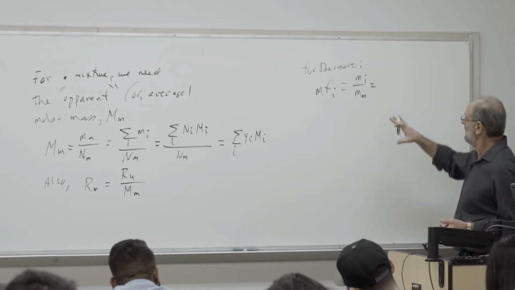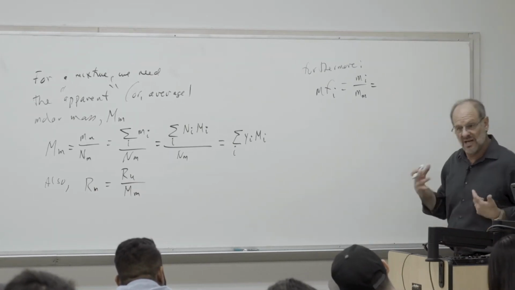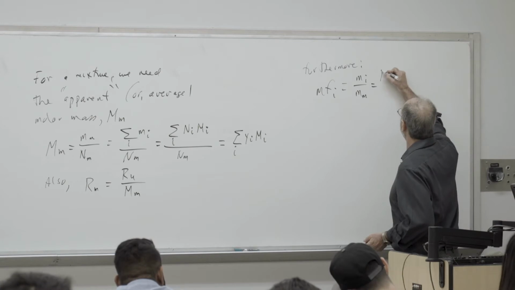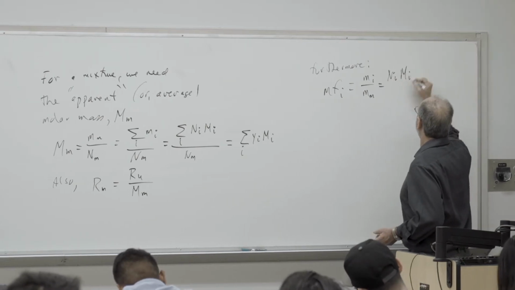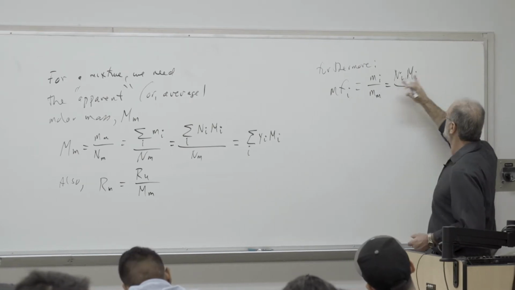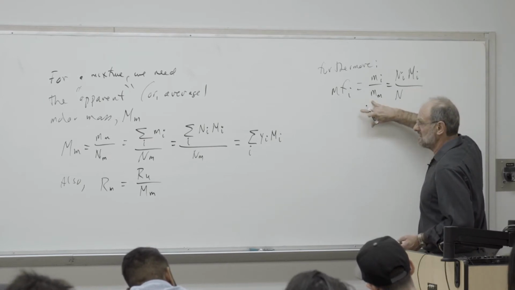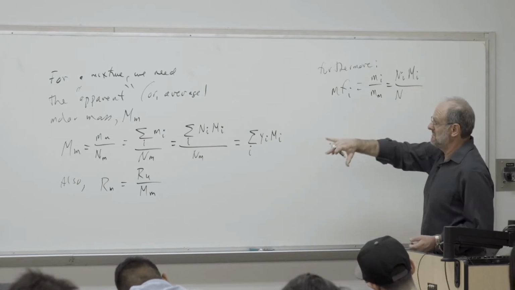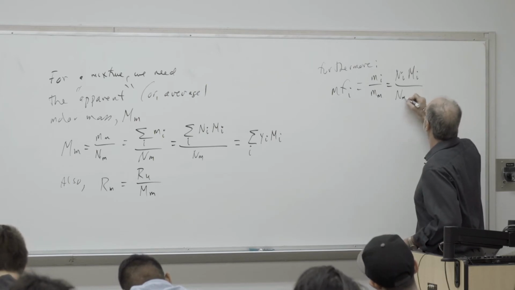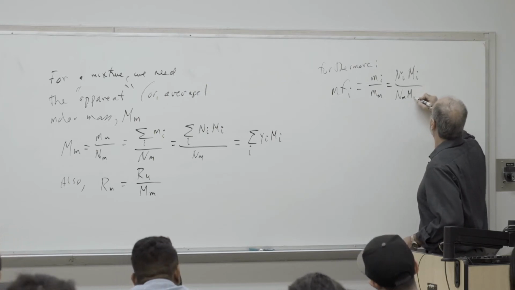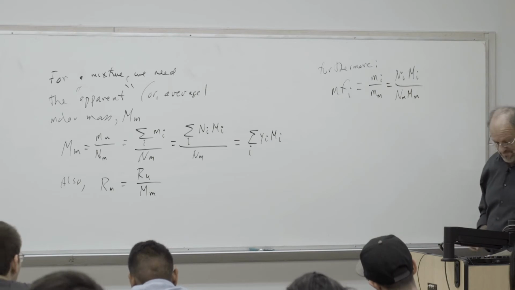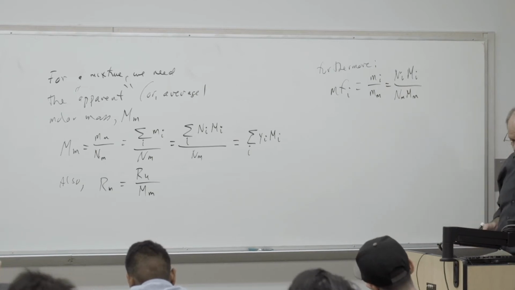We would also note that mass is just the moles times molar mass. So we can write this as N_i M_i, so moles times molar mass of i. And then in the denominator, this is just the number of moles of the mixture times the apparent molar mass of the mixture. So this equation certainly holds.